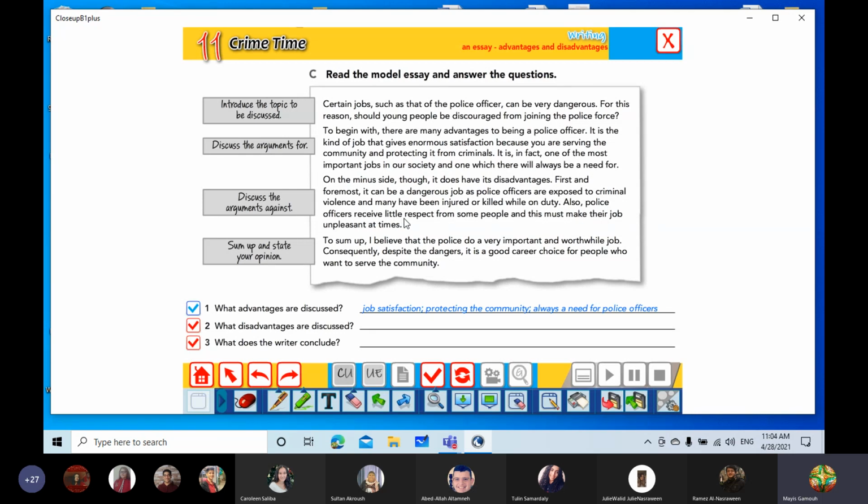Police officers receive little respect from other people. Yes. And for number 3, what does the writer conclude? What does he conclude in here? His opinion, regarding the job, which is it is a good career choice for people who want to serve the community.